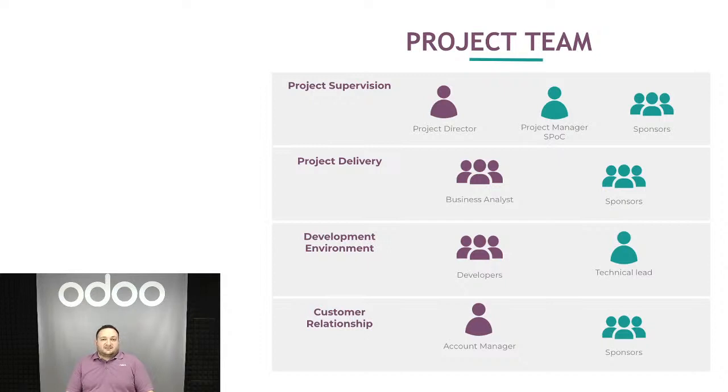If the client has someone who's responsible for technology at their end, so chief technical officer, or someone who is responsible for IT at their end, that could be that person. Customer relationship, we have the account manager for short term, and then for longer term it would be the CSD team. And on the end of the client, it's the sponsors.